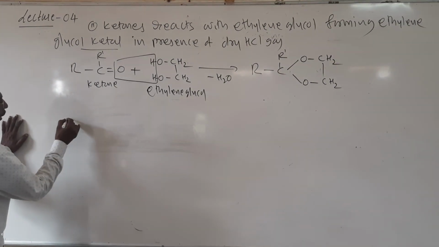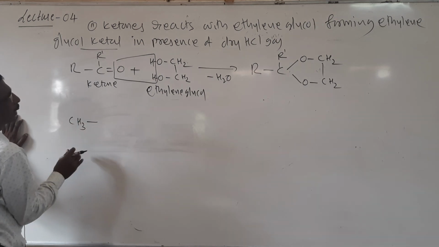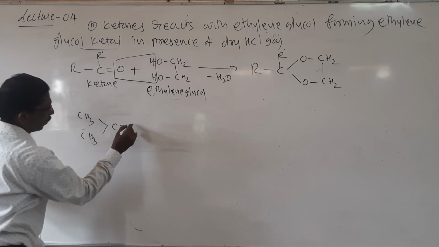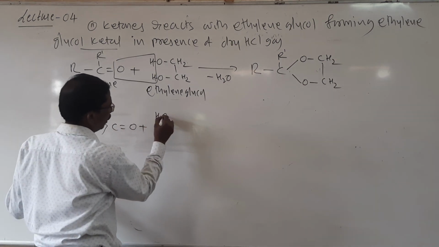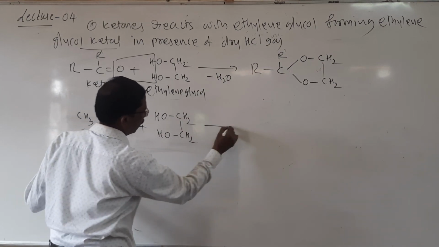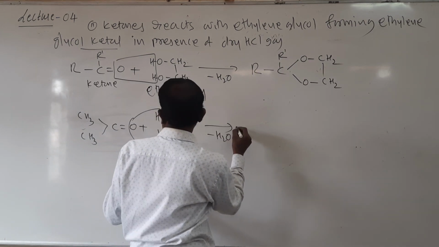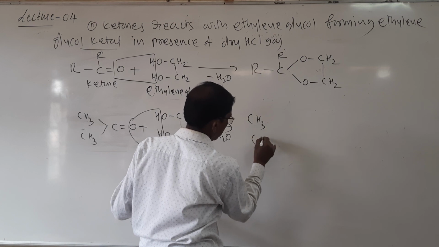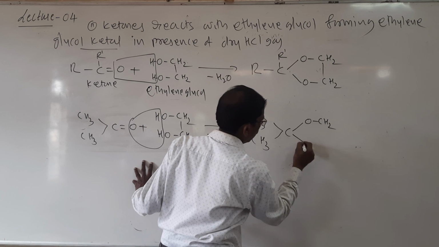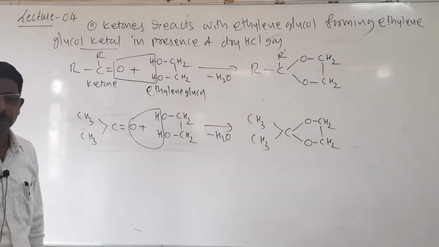So if you take an example, CH3, C double bond O, CH3, plus ethylene glycol, look here, the water is removed, minus H2O, so then here it forms CH3, C, OCH2. So this is called ethylene glycol ketal.